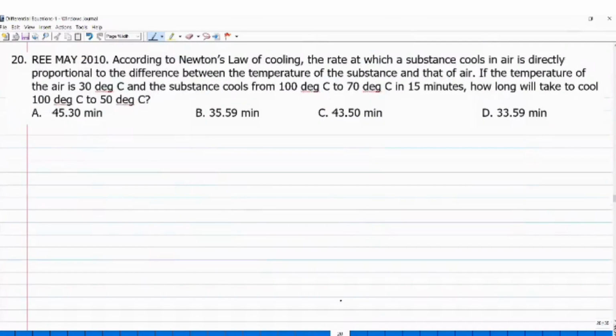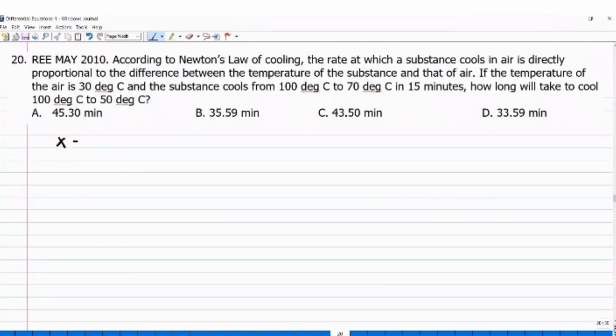Okay, number 20. According to Newton's law of cooling, the rate at which a substance cools in air is directly proportional to the difference between the temperature of the substance and that of air. If the temperature of the air is 30 degrees Celsius and the substance cools from 100 degrees Celsius to 70 degrees Celsius in 15 minutes, how long will it take to cool from 100 degrees centigrade to 50 degrees centigrade?